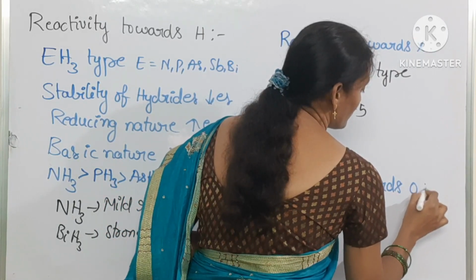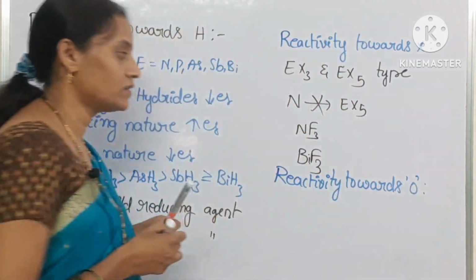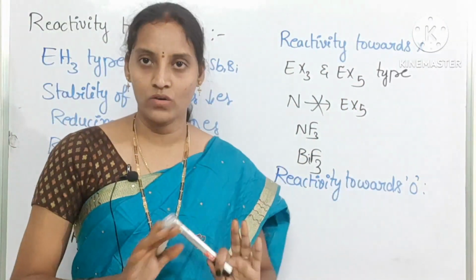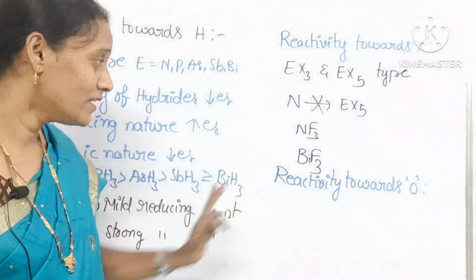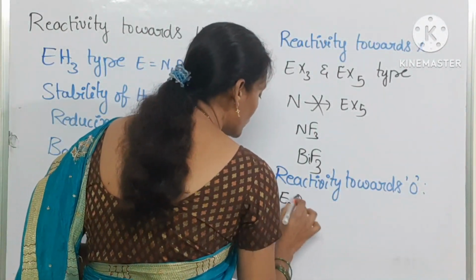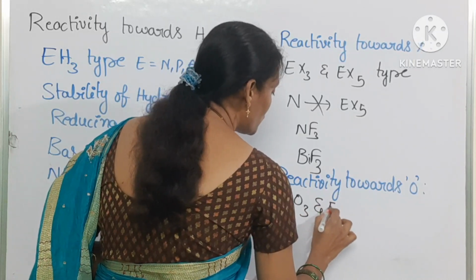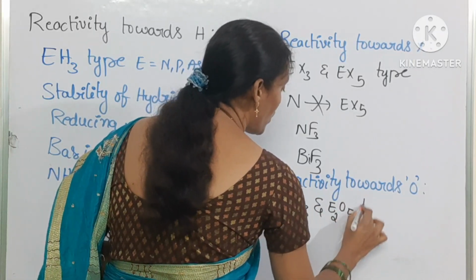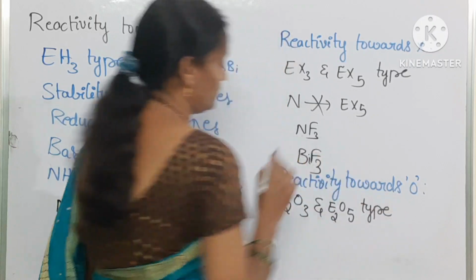Reactivity towards oxygen, O2 or O, you can write oxygen. Here which type of oxides will form? E2O3 and E2O5 type oxides will be formed.